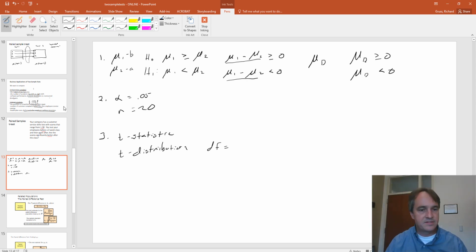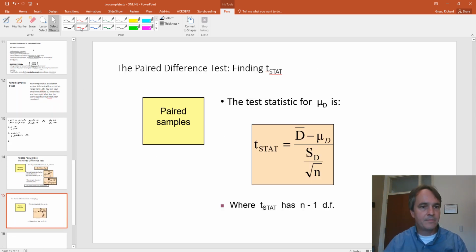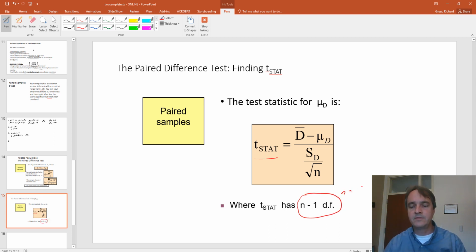All right, so step 4 is to determine the critical values. I'm going to peek ahead to the next slide, which specifies how to calculate this, because at the bottom it tells us that this t-statistic is going to have n minus 1 degrees of freedom, where n is the number of individuals.